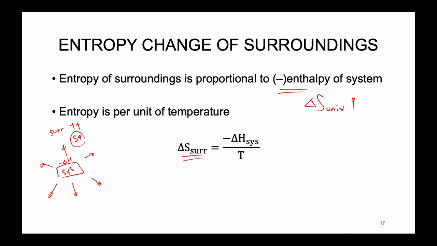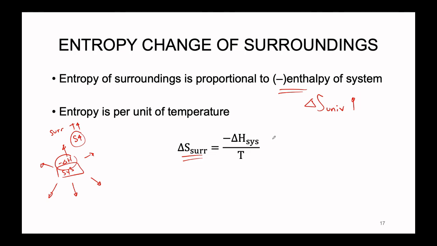Therefore, entropy is going to be proportional to the negative enthalpy. This we can represent in our equation down below, where the delta S of the surroundings is equal to the negative delta H of the system. And because our entropy has an explicit temperature dependence, we're going to say that this enthalpy is divided by T.